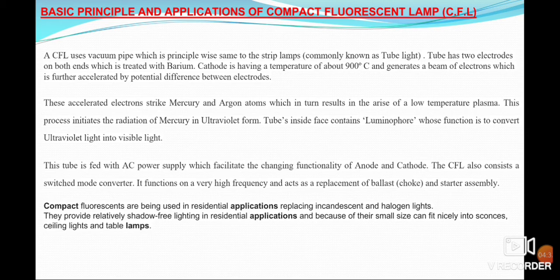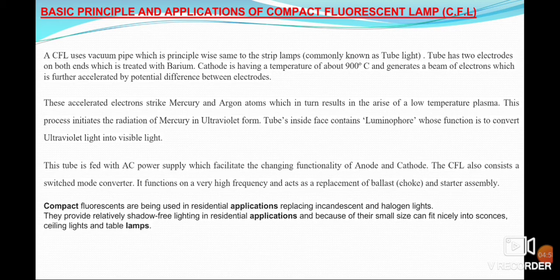Next is the basic principle and application of compact fluorescent lamp. A compact fluorescent lamp uses a vacuum pipe which is principle-wise the same as the strip lamps commonly known as the tube light. The tube has two electrodes on both ends which are treated with barium.